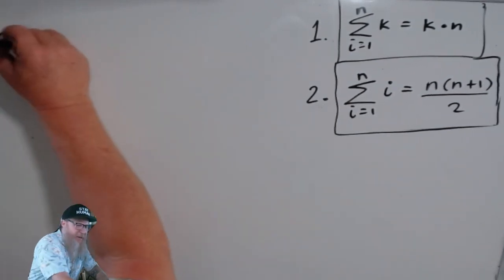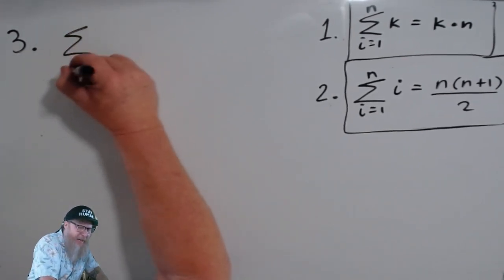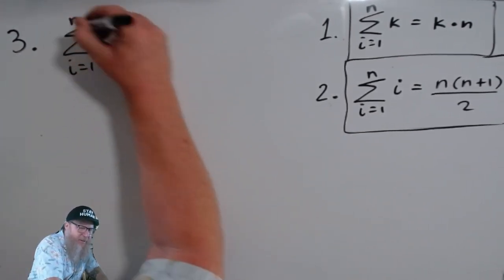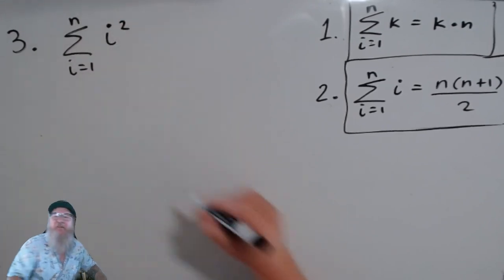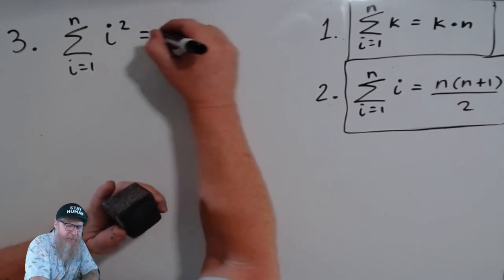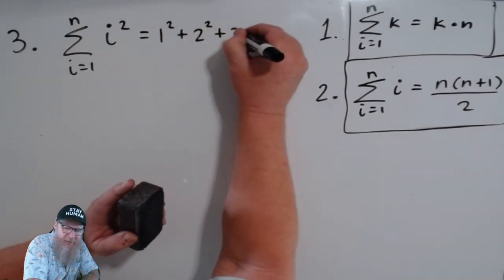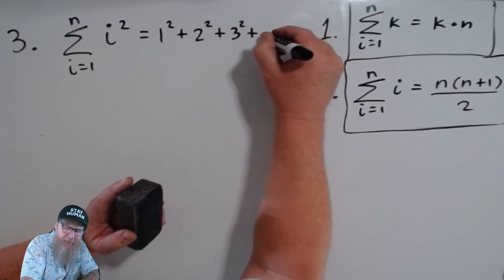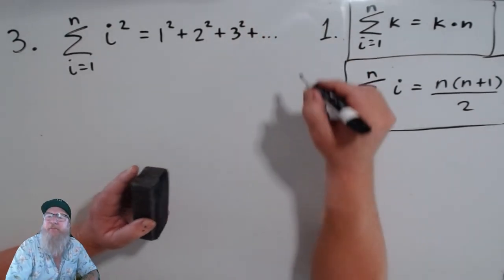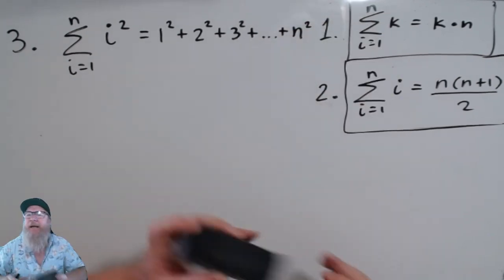Tip number 3 would be if we were adding up from i equals 1 to n perfect squares, i squared. So this would be something like 1 squared plus 2 squared plus 3 squared plus 4 squared plus 5 squared, etc., and then stopping at n squared.